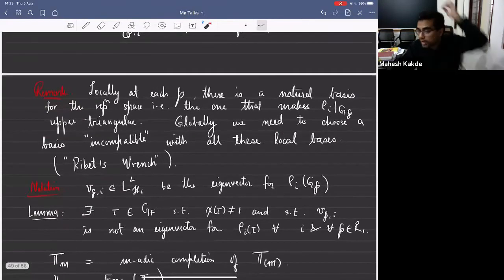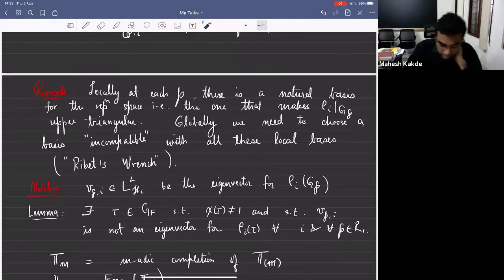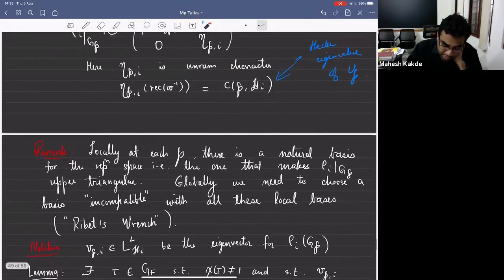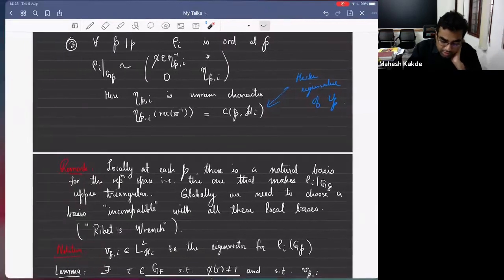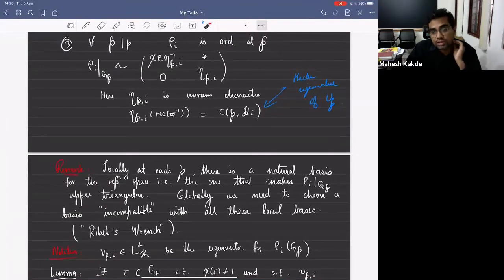Now, how do we actually get our cohomology class? Right. So some details now. Locally at each P, our Galois representation is a reducible, upper triangular thing. So there's a natural choice of basis at each place P. Then we can make a choice of basis globally, on G_F. Now we have to do it in some non-compatible way, because we don't want our global representation to be reducible in any sense, even modulo something.